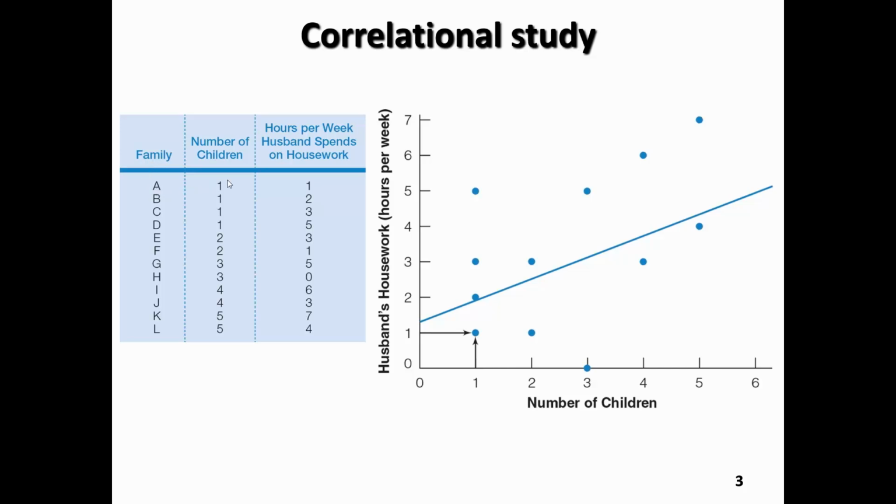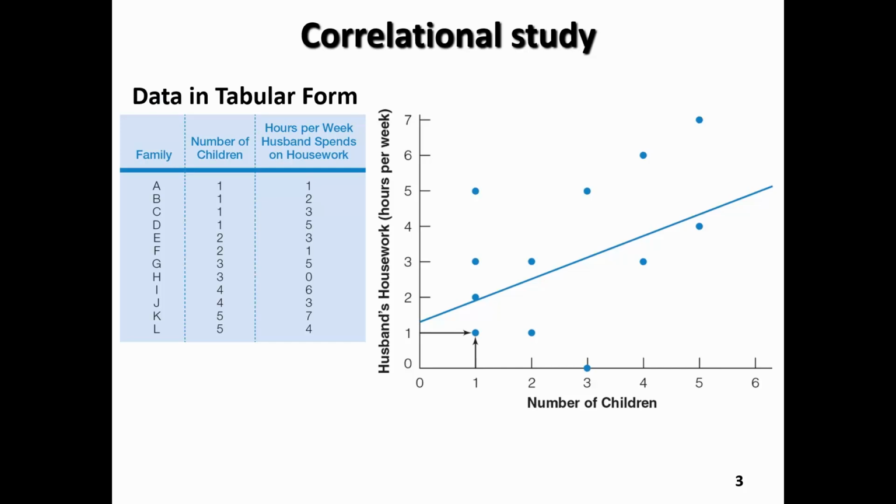You can see that the number of children across the cases varies from as low as one child to as much as 5 children. The number of hours spent on housework varies as well. But when one looks just at these two columns of data, it's hard to see if any relationship exists.